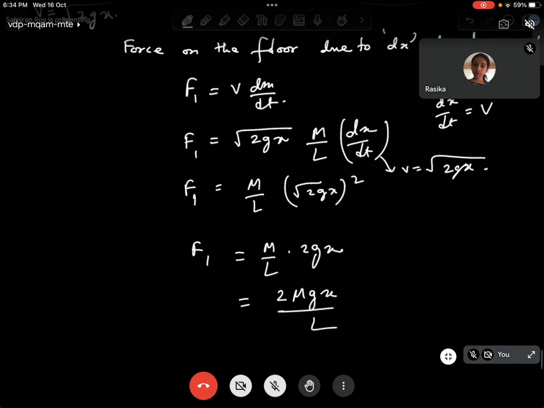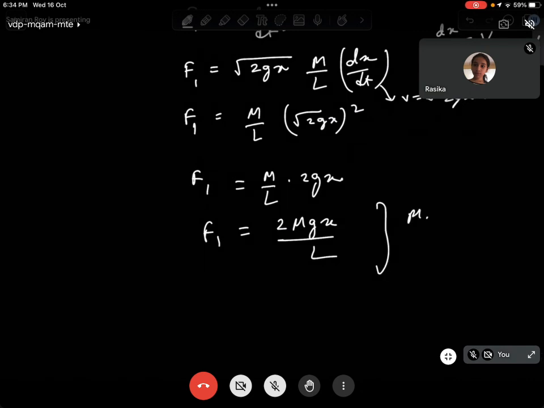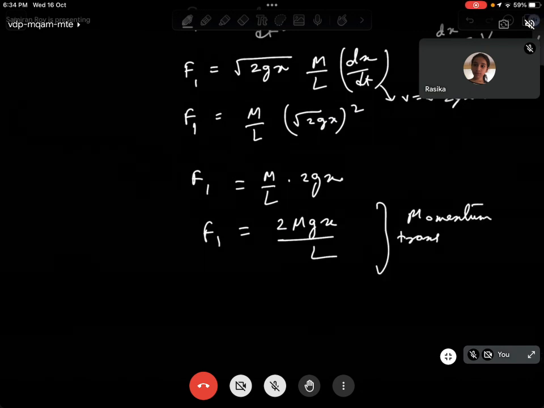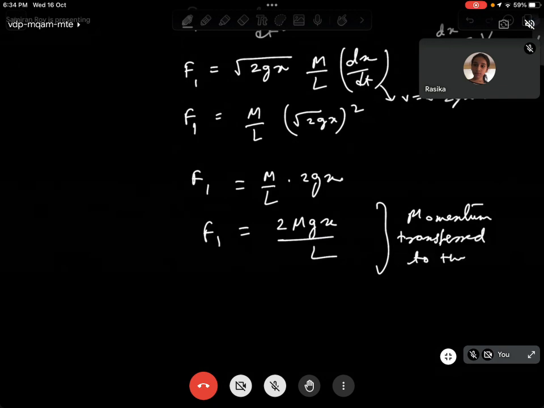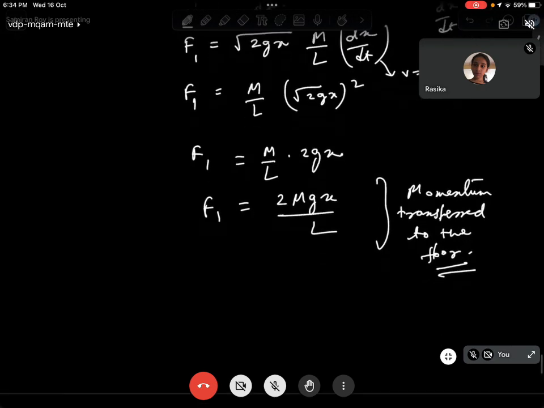Correct. This is F1, the momentum transferred to the floor because of that mass. Then what is the force due to its own weight?